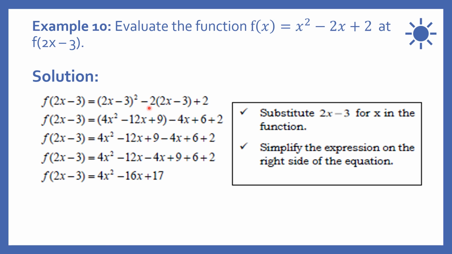Kaya ito negative kasi negative yan, positive to. Ito naman, kaya naging positive, negative, negative. So, like signs, kaya naging positive. And then, bring down 2. And then, tanggalin lang natin siya sa parenthesis para makombine natin yung like terms. So, 4x squared minus 12x plus 9 minus 4x plus 6 plus 2.